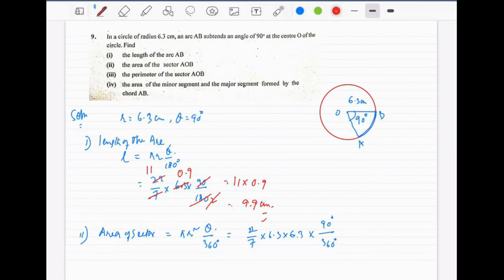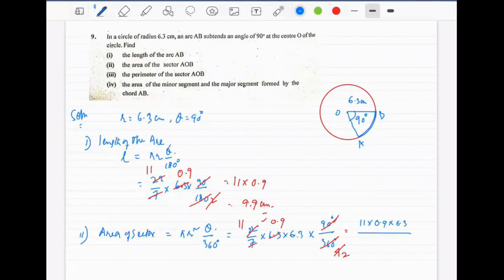Okay, time to do some cancellation. 9 fours are 360. 2 twos are 4. 2 elevens are 22, and 7 and 6.3 you can cancel that further, 0.9. What is left? As numerator, we are left with 11, 0.9, and 6.3.